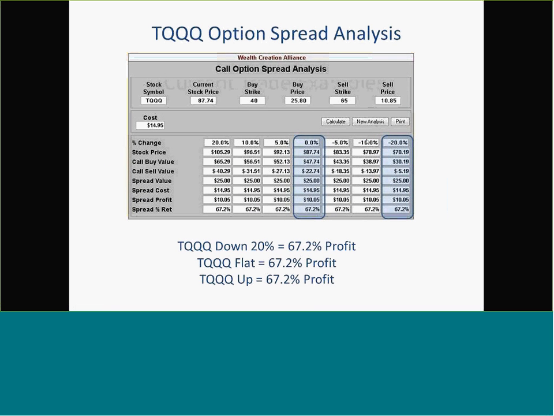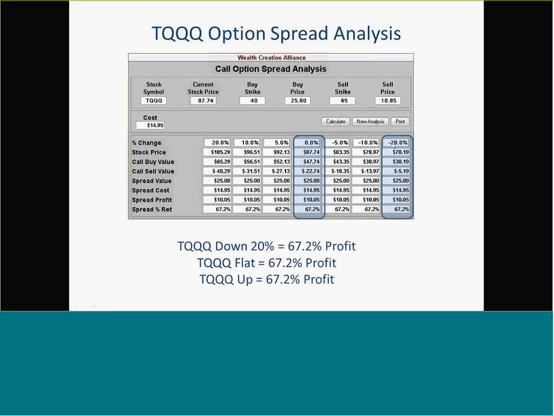And I'm displaying the call option spread analysis for this trade, and this is an option calculator that will give us the profit potential for a trade based on various price changes in the ETF, in this example from a 20% increase in the ETF to a 20% decrease in the ETF price at option expiration.